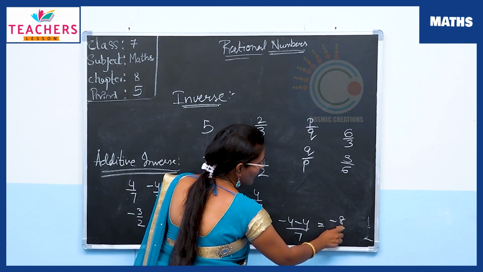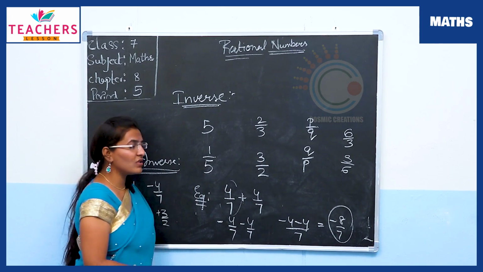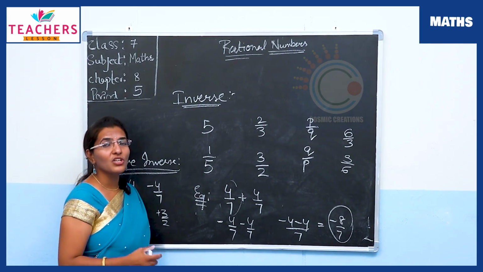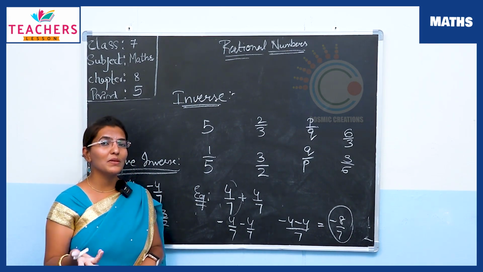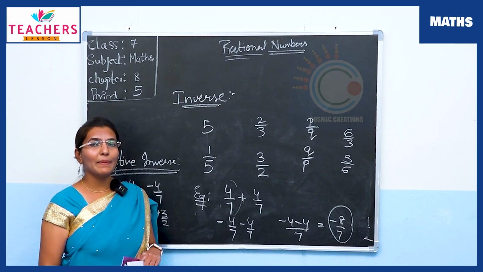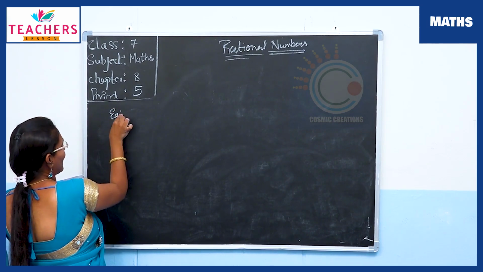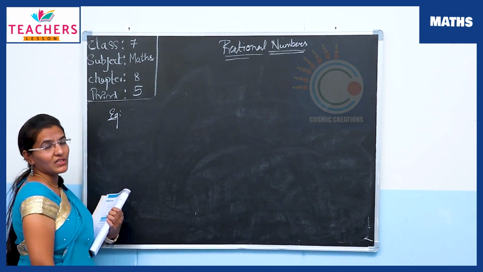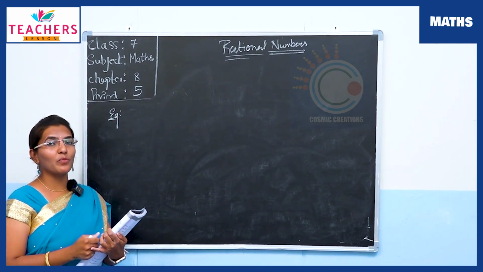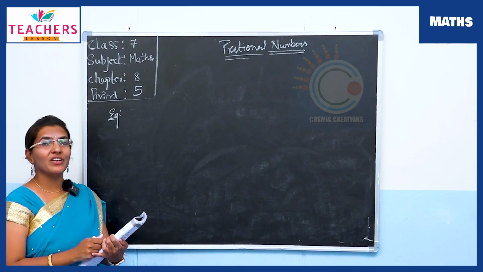Minus 8 by 7. So this way you have to solve the problems. When you solve more problems clearly, you are going to get deep into it. You will understand clearly. So let's solve an example problem in the addition of the rational numbers.